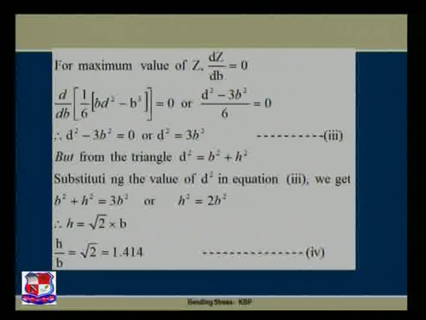Our intention is to establish the relation between one dimension of the rectangle and the other, and we achieve H by B ratio is equal to root 2, which is equal to 1.414. This is the fourth equation.